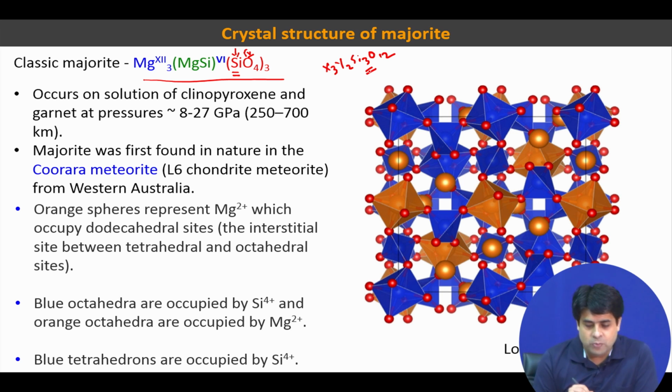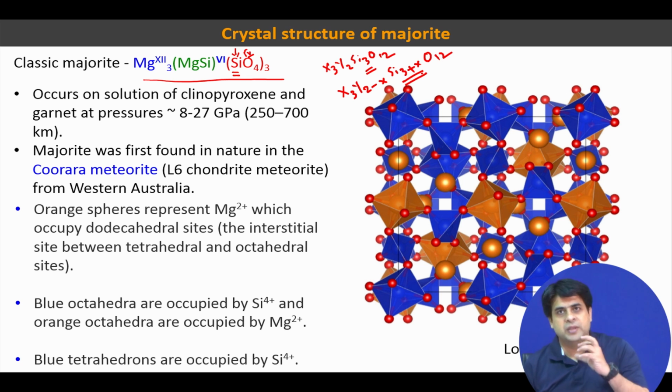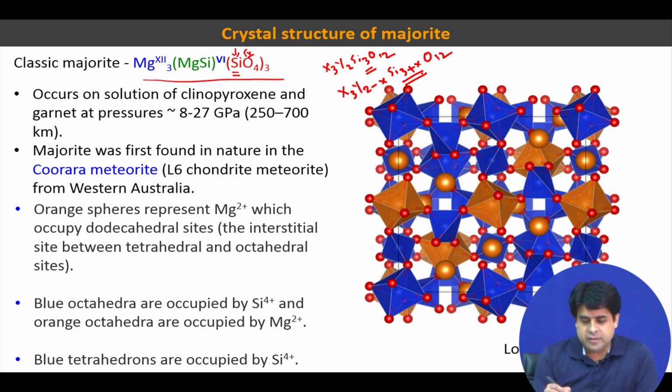But the formula of majorite is X3Y2-xSi3+xO12, so you are increasing the proportion of silicon in the majoritic garnet. In majorite you always have more than three silicon atoms. With pressure this proportion of silicon will increase, and some of the tetrahedrally coordinated silicon will change to octahedral coordination.